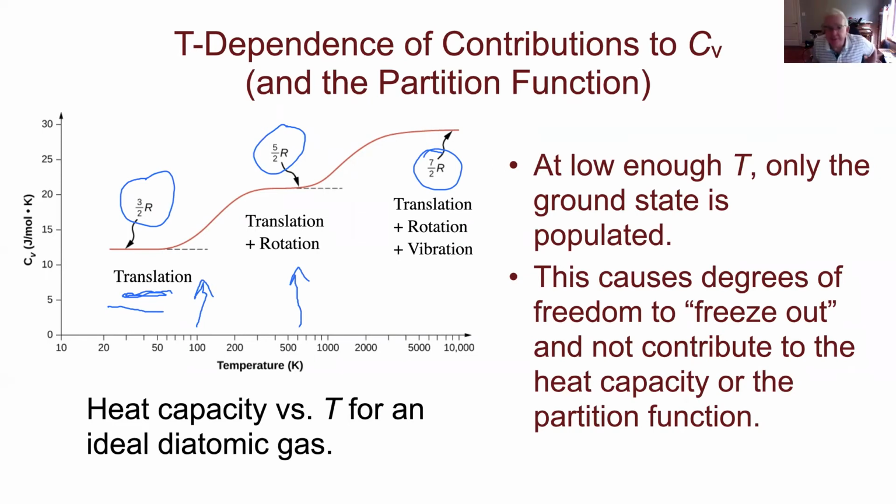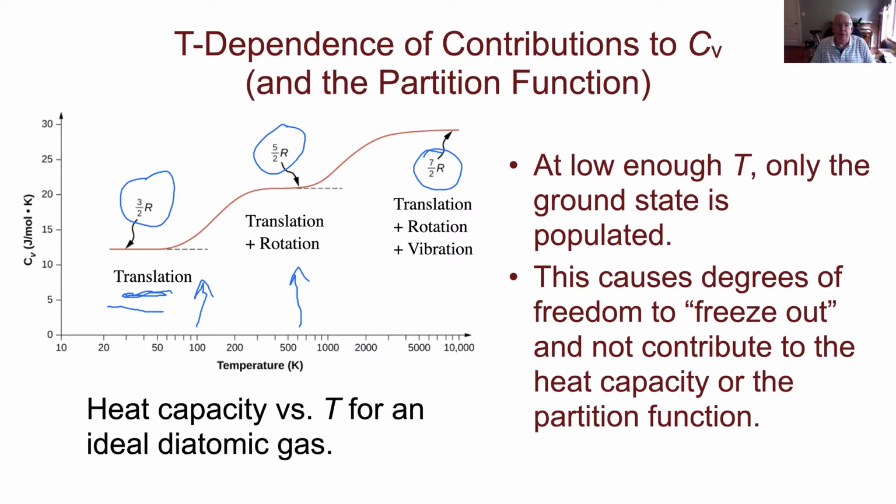So imagine going down in temperature. As I go down in temperature, what we typically say is that the different degrees of freedom will freeze out at different points. Starting from high temperature, in this graph, I never got high enough to excite electronic states, really, because I don't have those showing up at all.